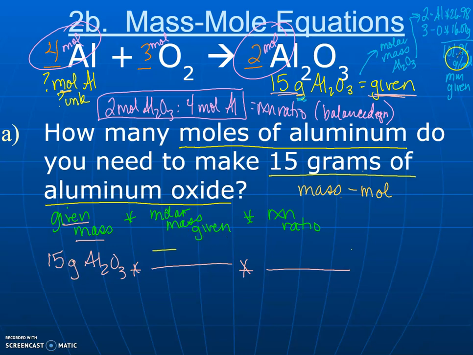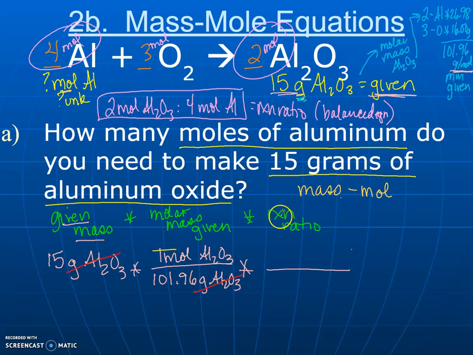It's 101.96 grams per mole. If I start with grams here, I put 101.96 grams of aluminum oxide on the bottom, 1 mole of aluminum oxide on top. What cancels out? Come on, you know this. Grams of Al2O3 and grams of Al2O3 cancel out.